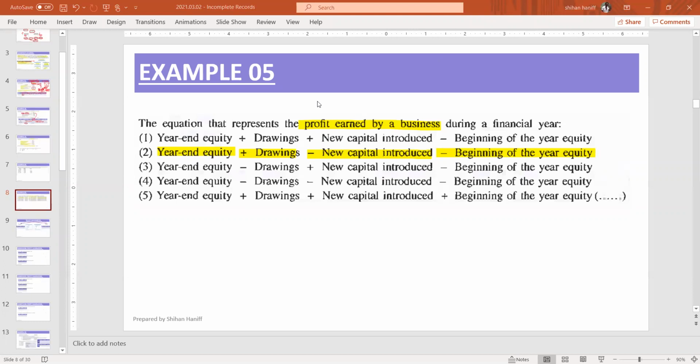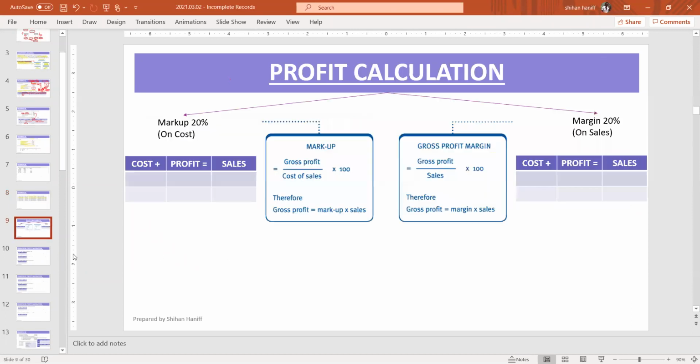Now we are moving to another very important section. I'm telling this because it's important. Most of the students have doubts on markup and margin. Okay. So let's try to understand completely this markup margin concept.